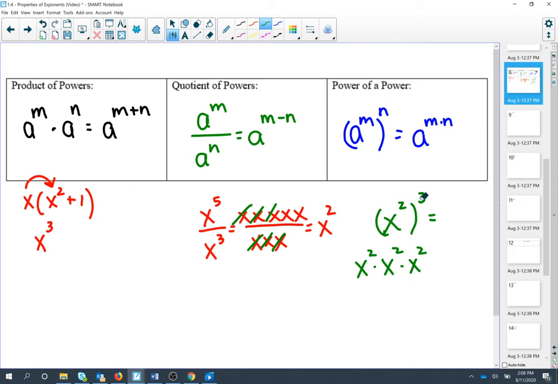I'm doing 3 of them. That's back over to the previous rule where you're just adding. So 2 plus 2 plus 2 is x to the 6th. So we could have skipped this step and just multiplied the 3 times the 2 and gotten x to the 6th.